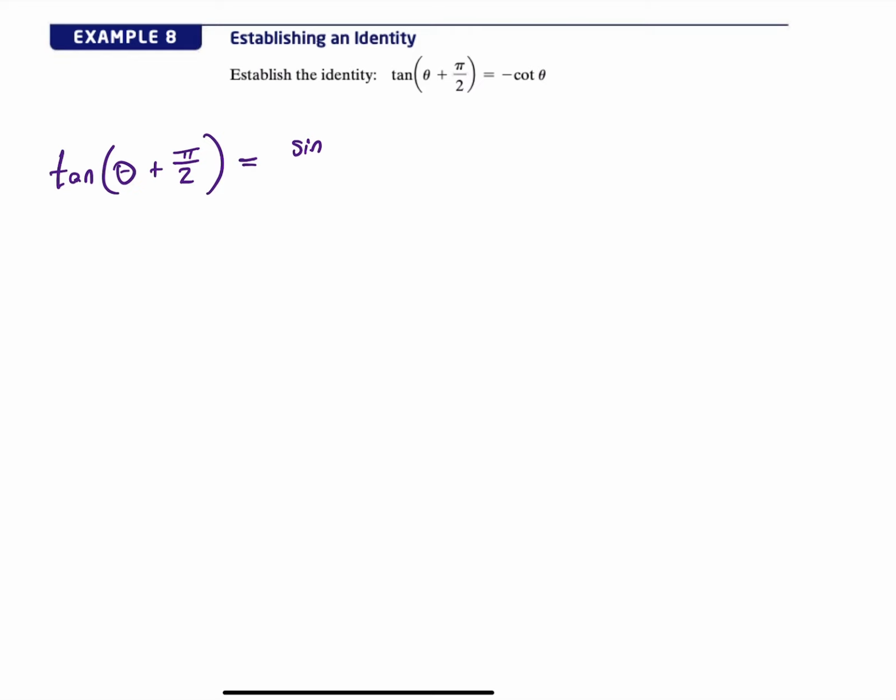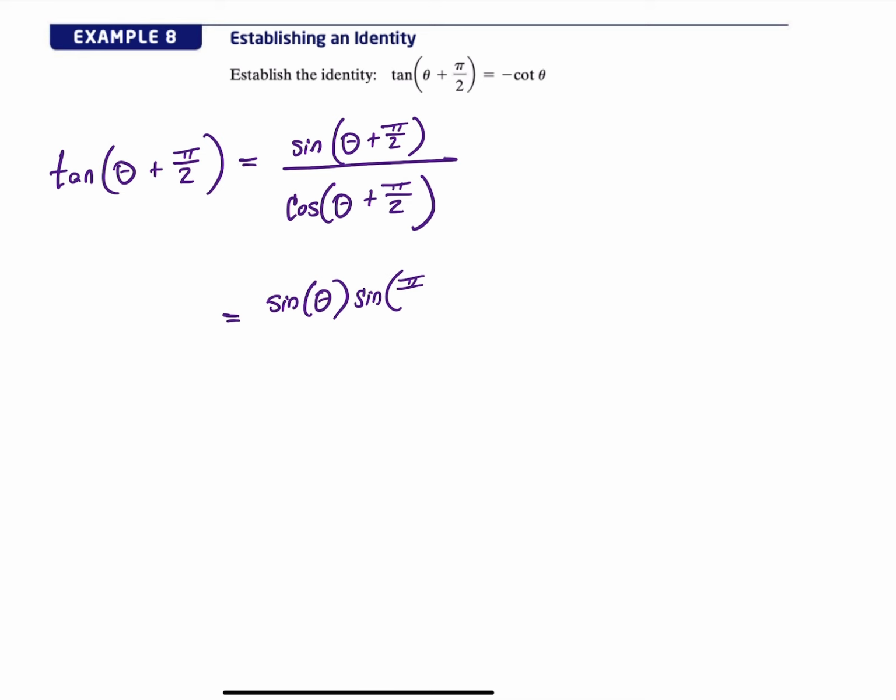cosine. We can say this should be the sine of theta plus pi over 2 divided by the cosine of theta plus pi over 2. Let's expand that out. For sine angle addition, I keep getting these mixed up. For the sine, it's sine, cosine, cosine, sine. So sine of the first angle times the cosine of the second angle plus the cosine of the first angle times the sine of the second angle.